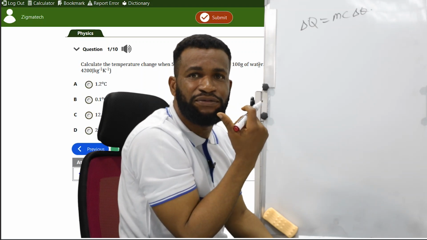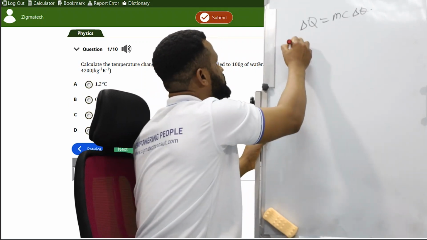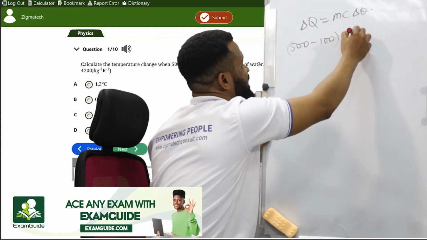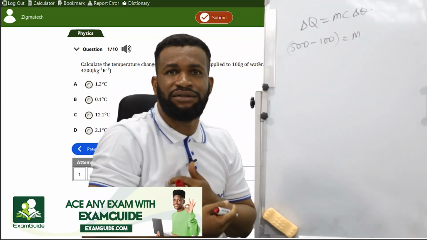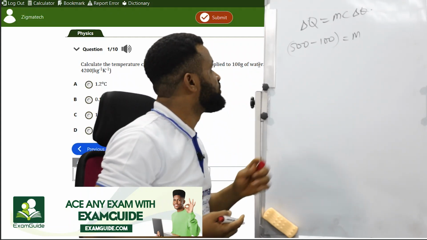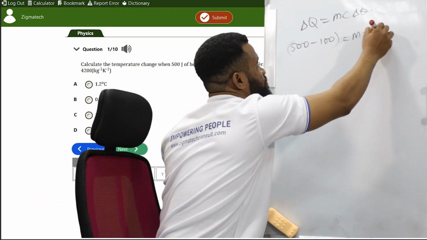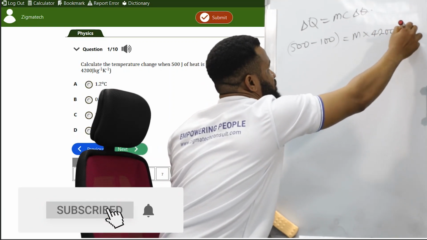And then we have the change in temperature, which is 500 minus 100 is equal to mass. Mass of the body is not given, times specific heat capacity of the body, which is 4200 times change in temperature.